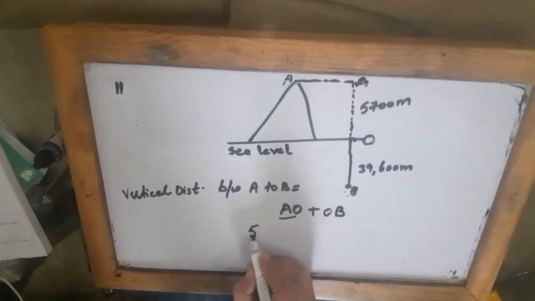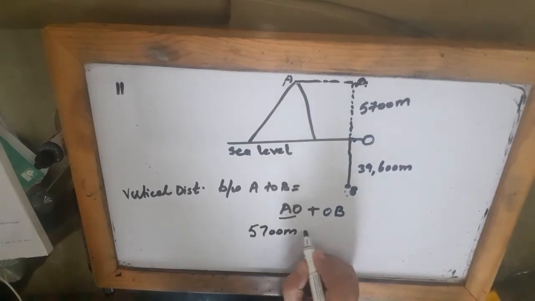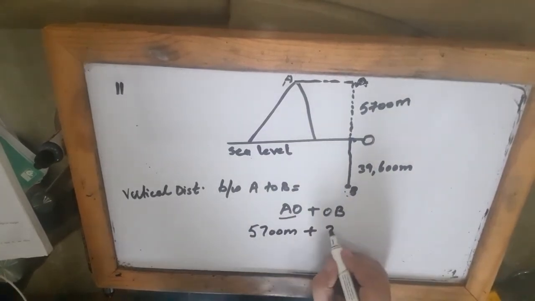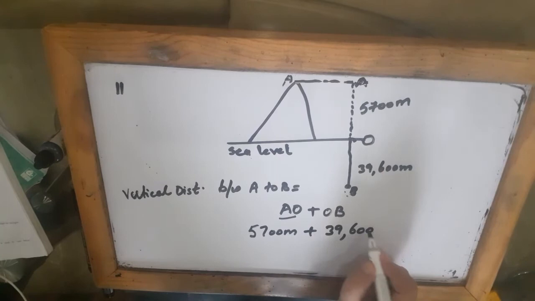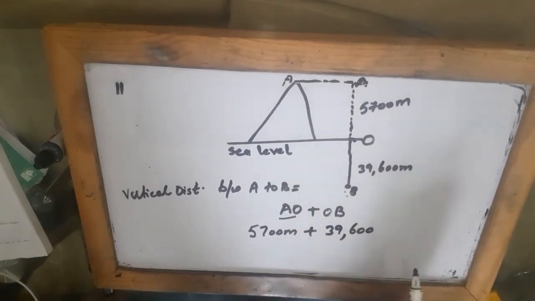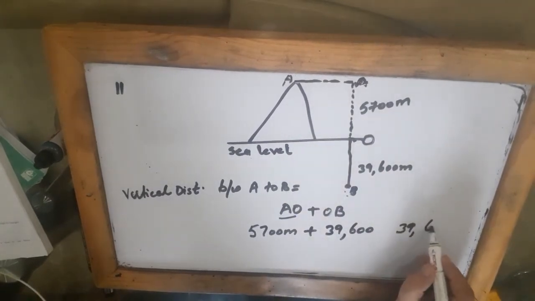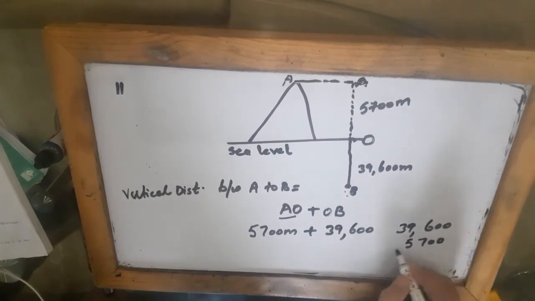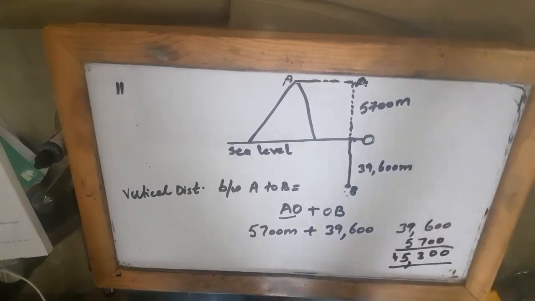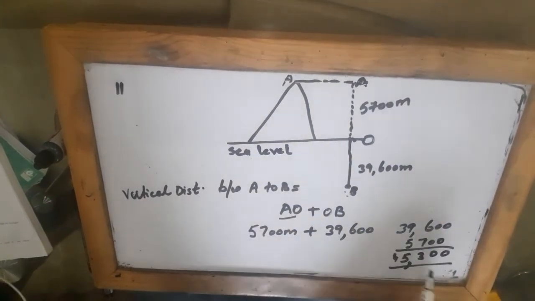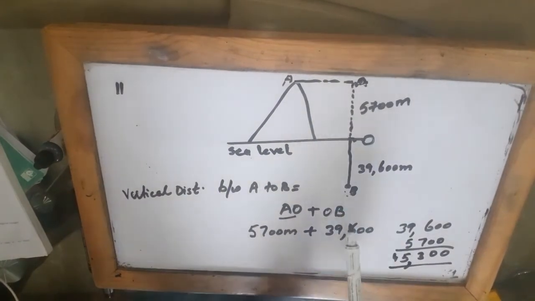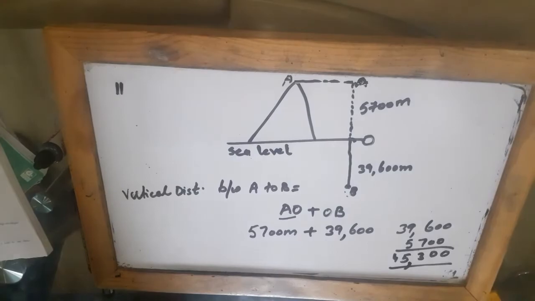It is 5,700 meters. And from O to B, how much is the distance? 39,600. So when I add both of them, that will give you the vertical distance from A to B. So 45,300 is the vertical distance from A to B.